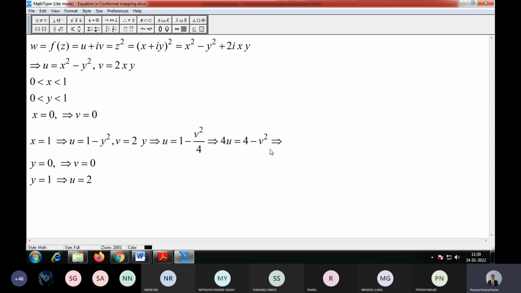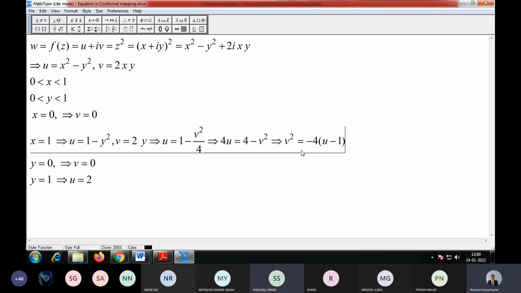This is the equation of a parabola. In fact, we can take common: v square is equal to minus 4 within bracket u minus 1. You may check, please.